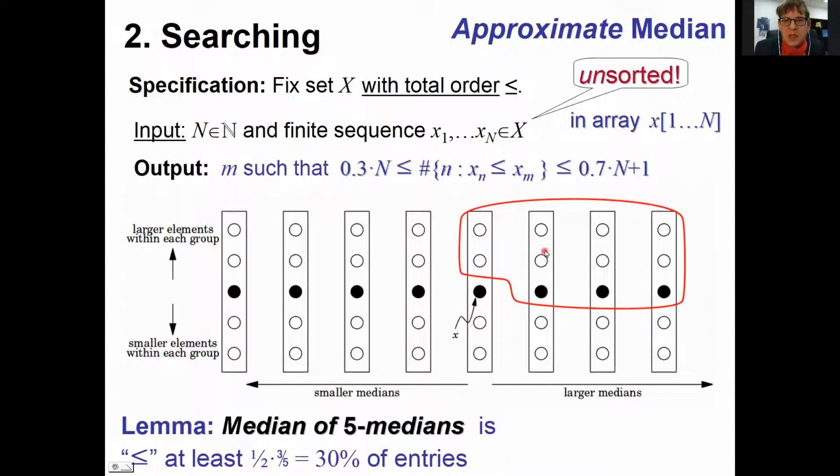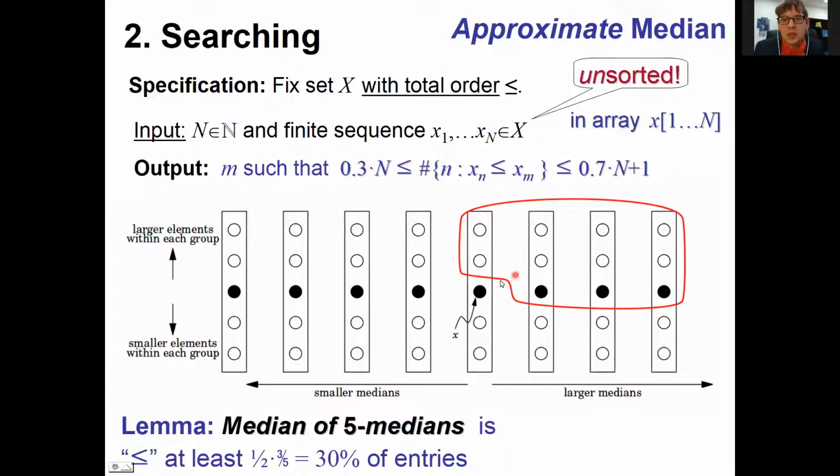Same here. These elements are larger or equal than this, but also this median of these 5 elements is larger or equal than this median, because, as you recall, here we have calculated this being the median of 5 medians, which means that these medians are larger or equal than this one, and these medians are smaller or equal than this one. So that means this one is larger or equal than this. And by transitivity, that's where we have a total order.